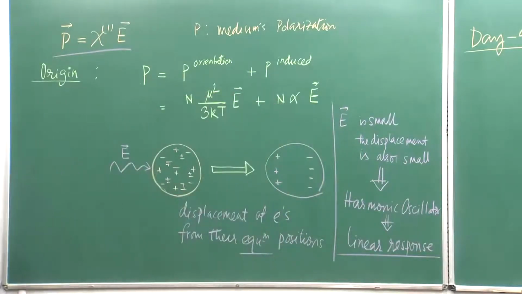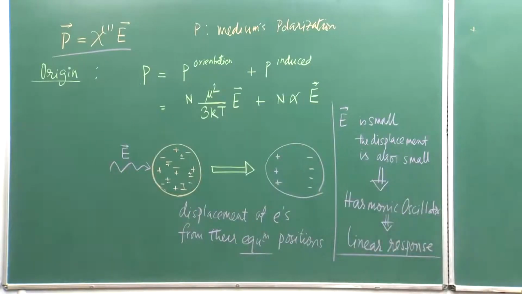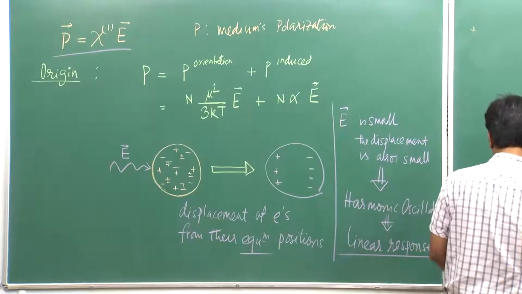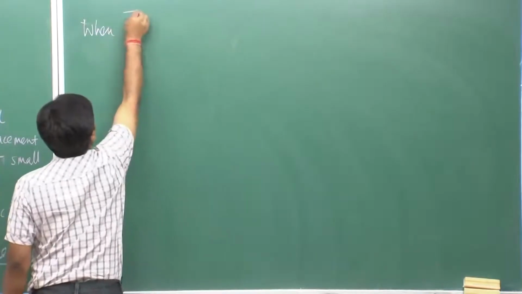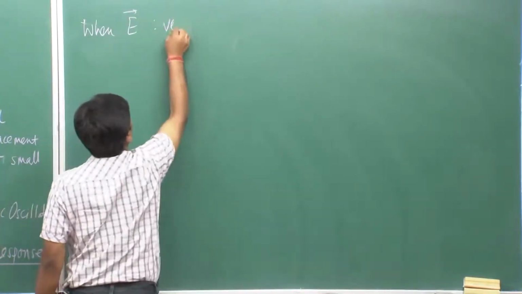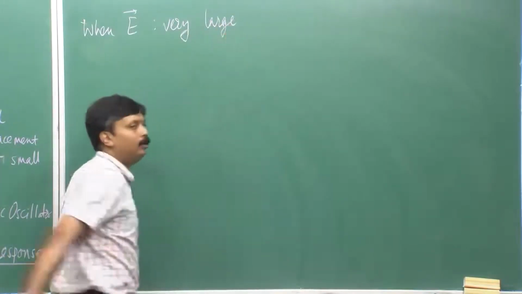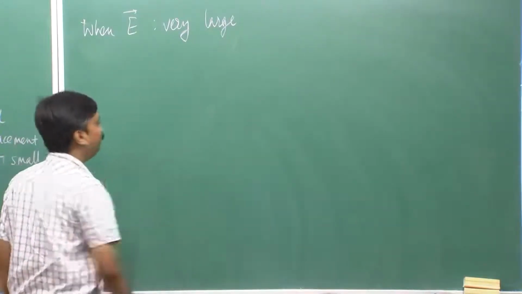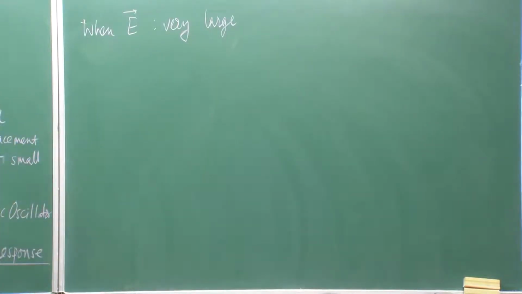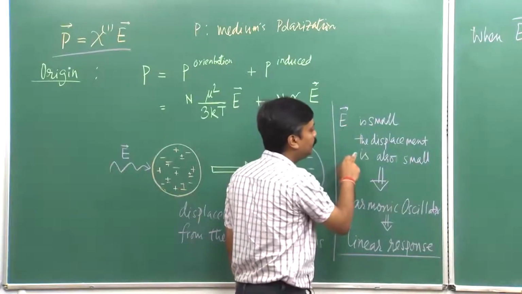So, when E is very large, as that comes from a pulsed laser, then what will happen? Then the electric field is very large, so this will be just opposite to the effect where small E creates a small displacement.